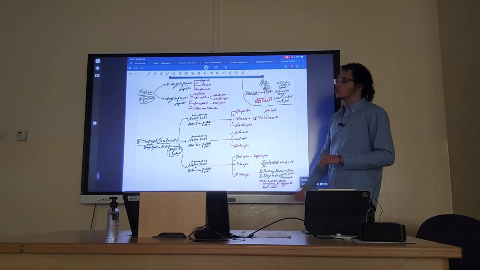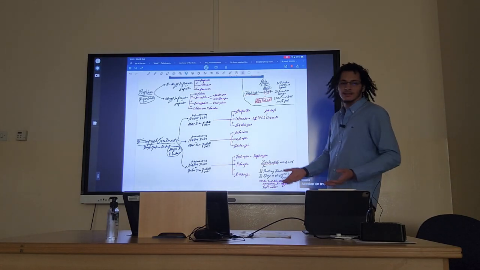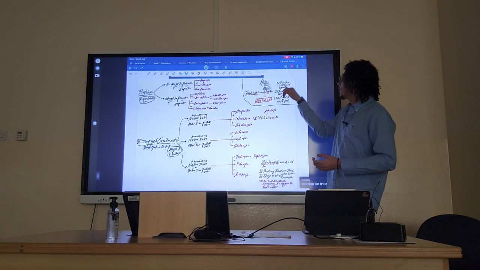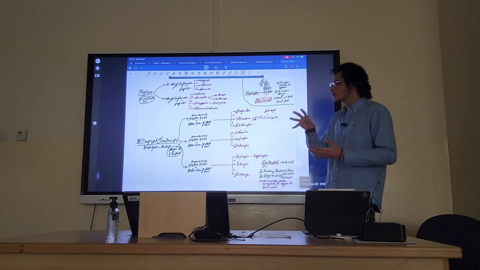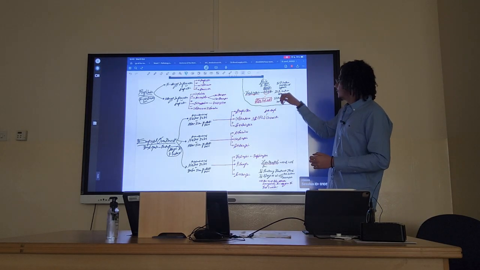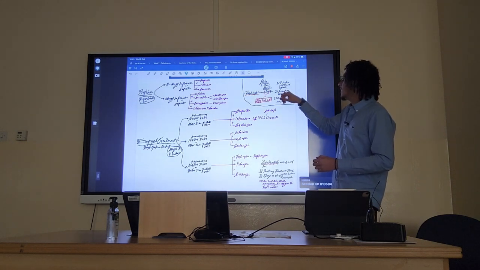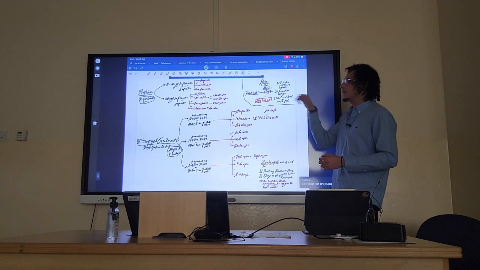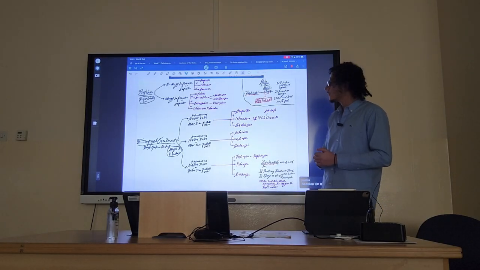So beta-lactam, like for example penicillin, amoxicillin, okay? So any species that's resistant to those medications, the beta-lactams, we would give vancomycin, okay? Second scenario now, if the patient has beta-lactam allergy, again, we would give vancomycin, okay?